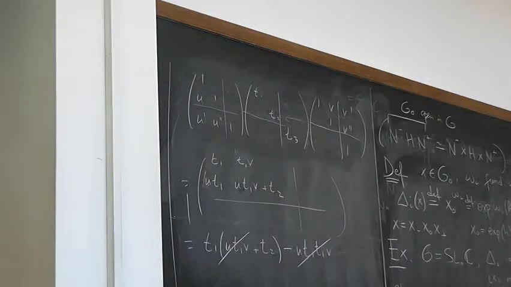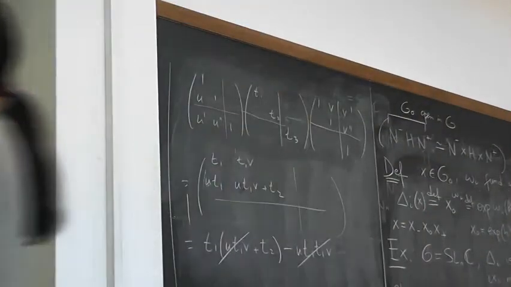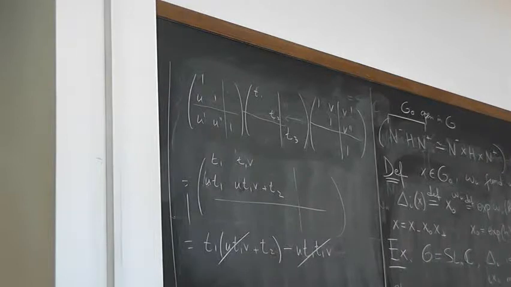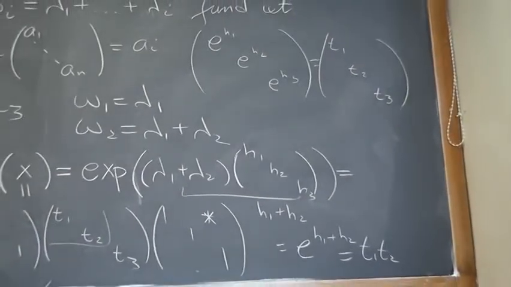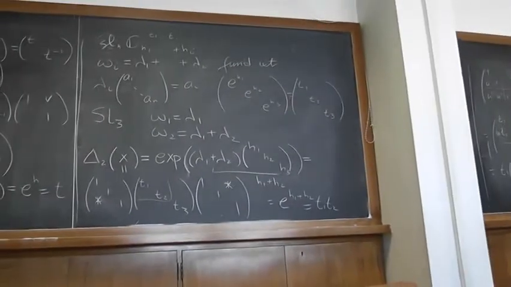Because if your omega I are the sum up to, this will correspond to H1 plus HI, and then will be T1 times PI, right? That will be the principal minors. So it is the calculation that I've made.